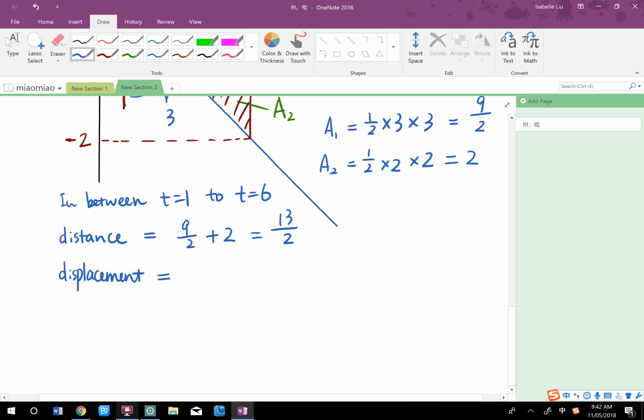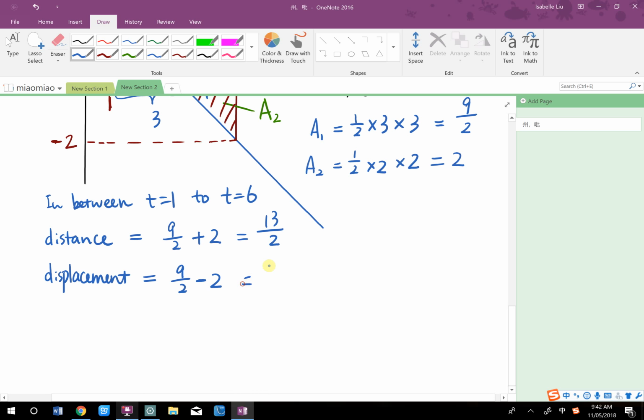When we talk about the displacement using the same two areas, I use the top area to subtract the bottom area. Displacement is with positive and negative. So the area below the x-axis will be negative, and the area above the x-axis will be positive. So the positive minus the negative gives the displacement.